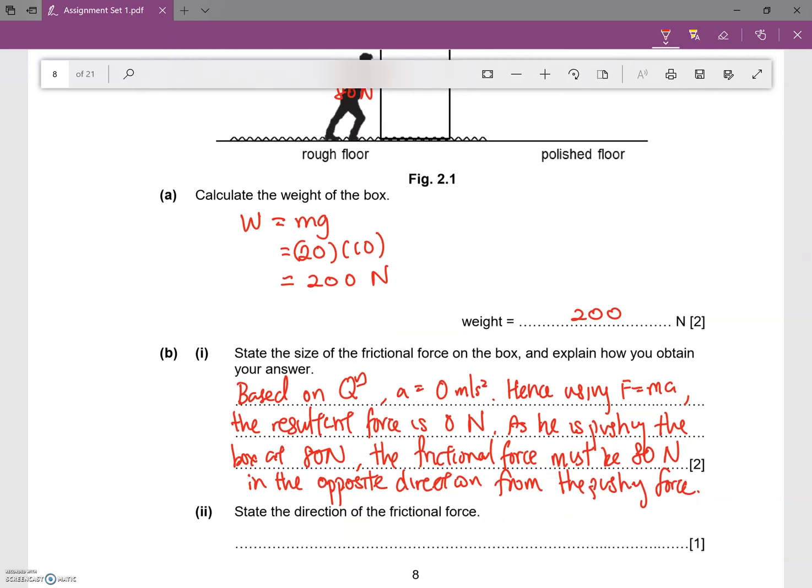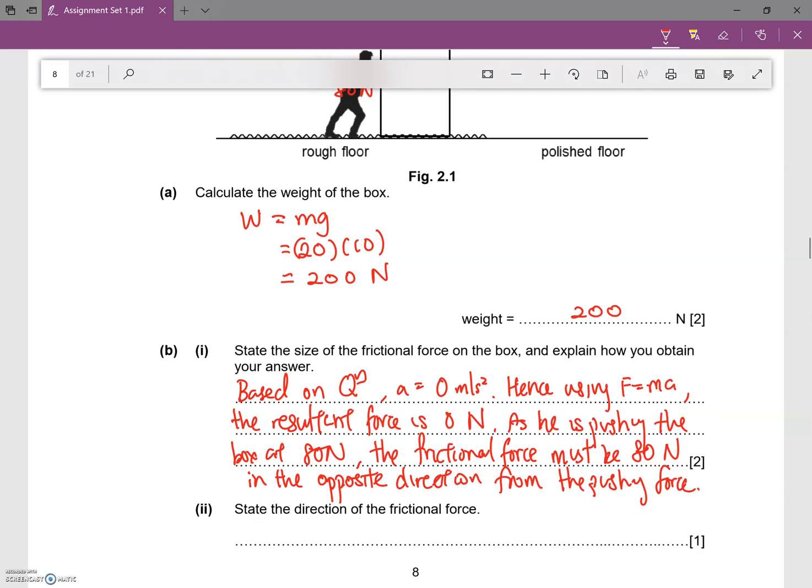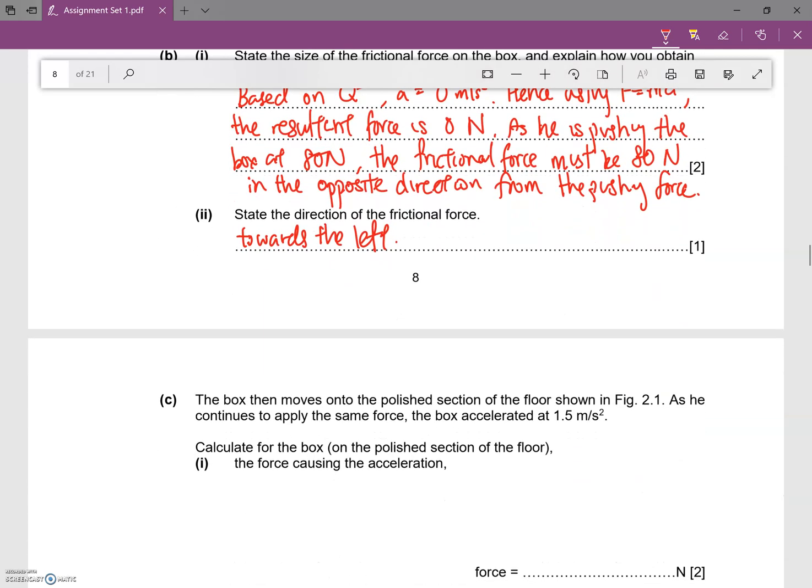So the direction will be, if the guy is pushing towards the right, the direction of frictional force will be towards the left. Okay, relatively simple.